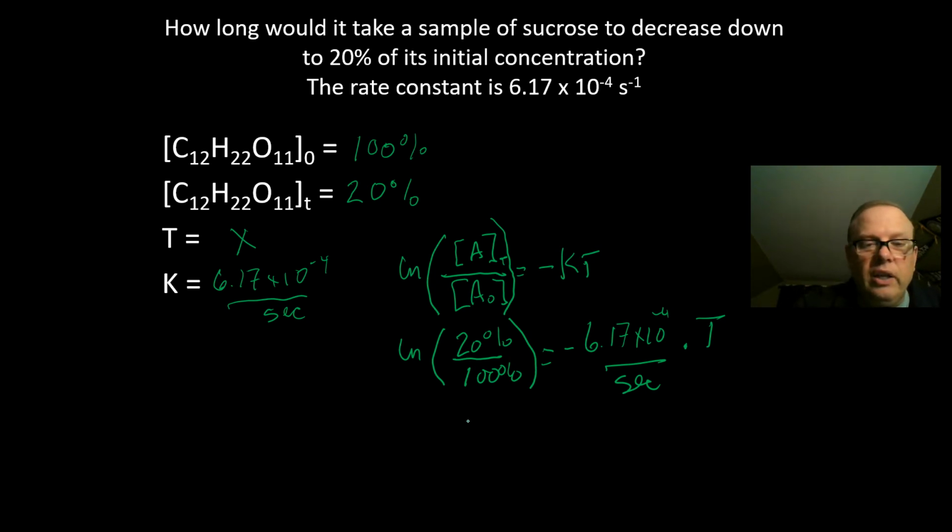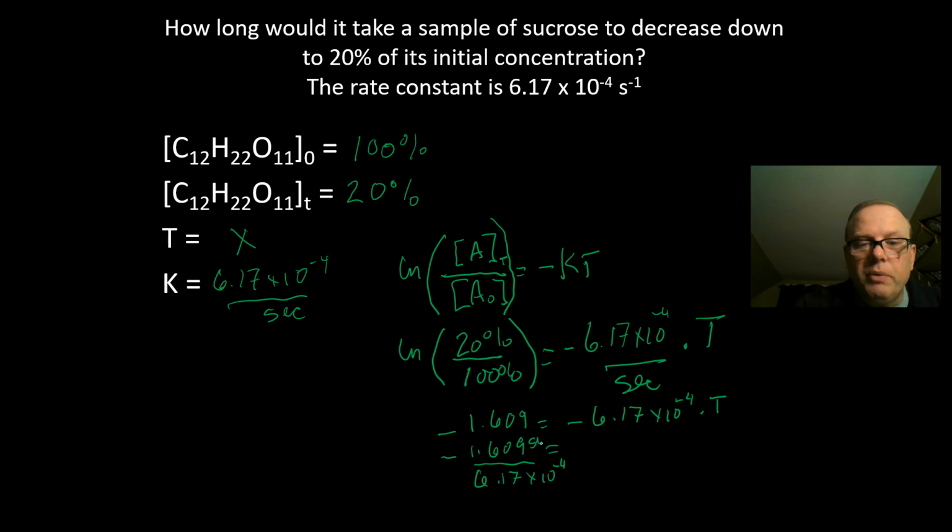I then take the ln of 0.2, so what I get then is negative 1.609 is equal to negative 6.17 times 10 to the negative 4 times time. I'm then going to divide negative 1.609 by 6.17 times 10 to the negative 4.